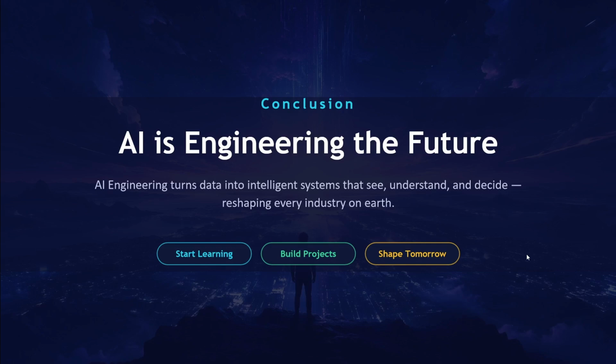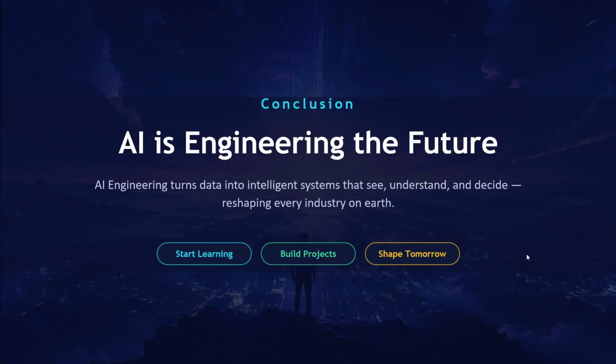relate to one another. We looked at the day-to-day role of an AI engineer, the development life cycle they follow, and the key tools and technologies they rely on. We also covered the three ways machines learn, the structure of neural networks, and two major AI fields, NLP and computer vision.